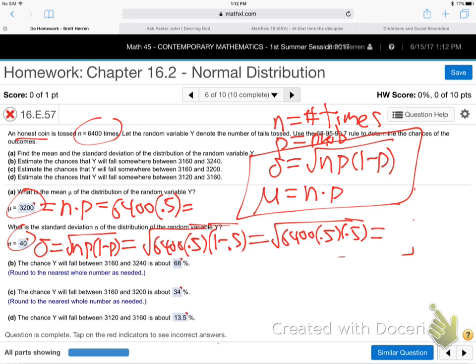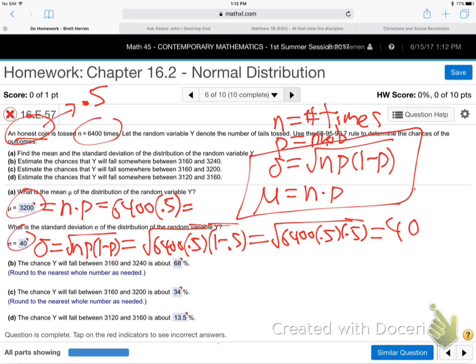Can you all get that okay on your calculator? Square root of 6,400 times 0.5 times 0.5? Where do we get the 0.5? It's from the honest coin. The chance of heads is 50-50. Yeah, good question. I'm getting the 0.5 from the honest coin, meaning 50% chance of heads. So P is the probability.